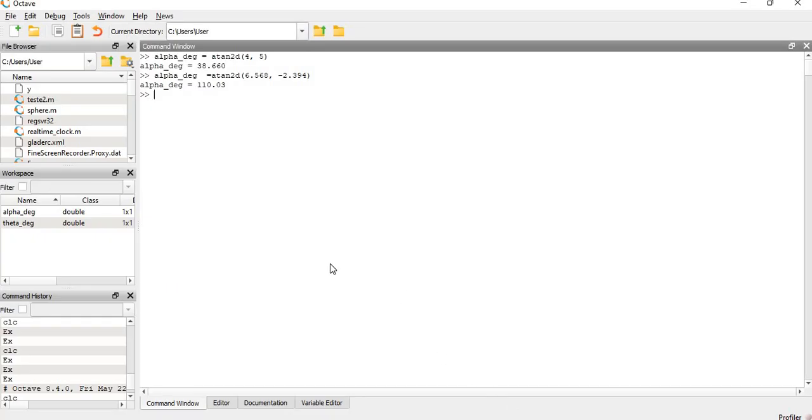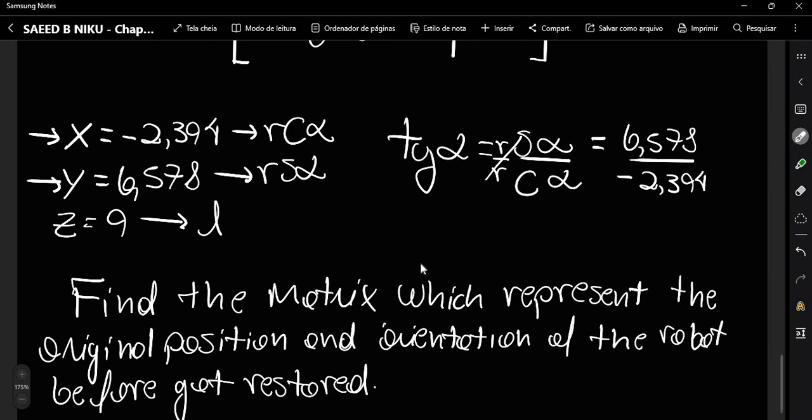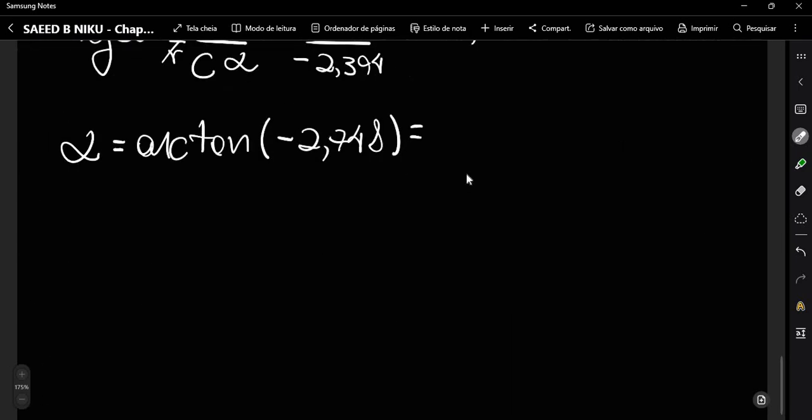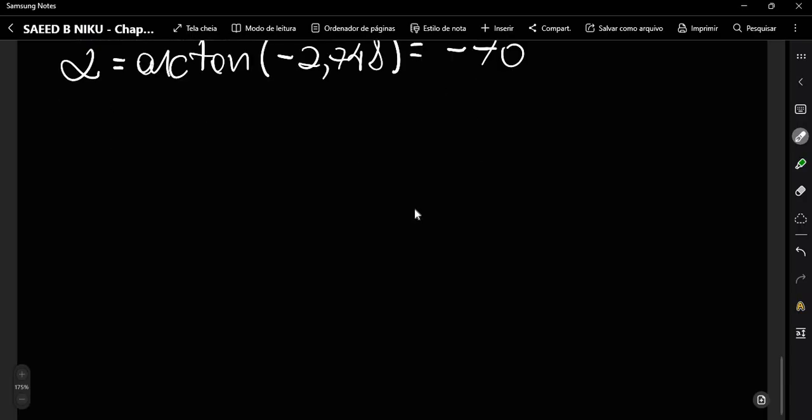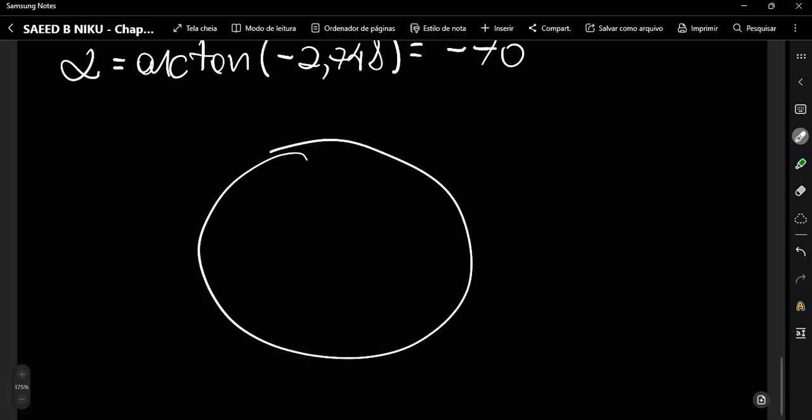Octave is doing something which is calculating already on the correct quadrant, because actually right here we got minus 17, and let me draw this.